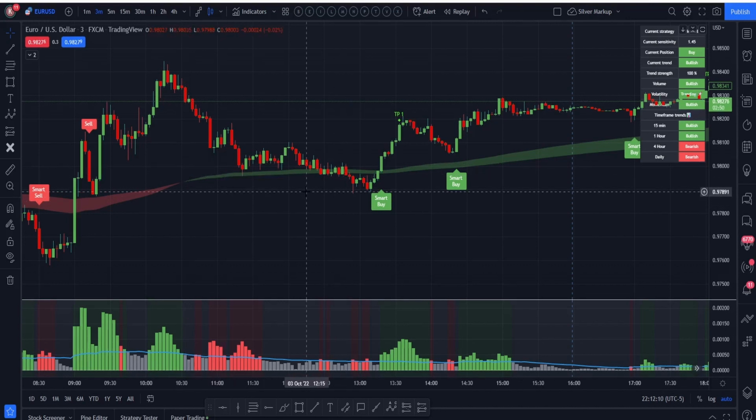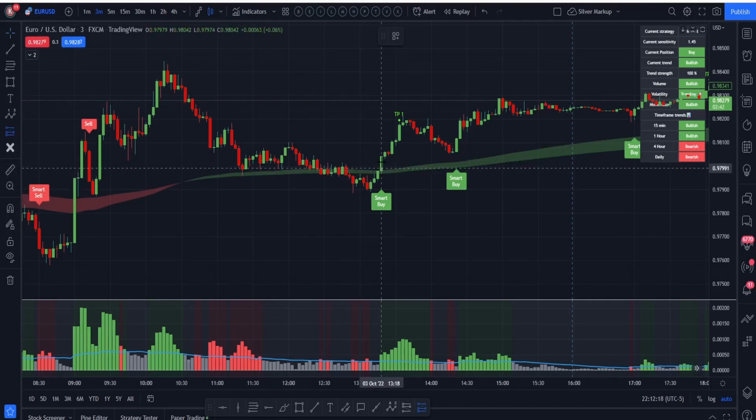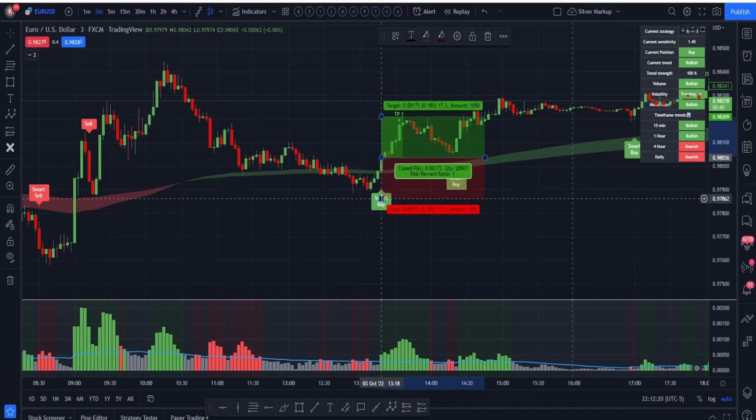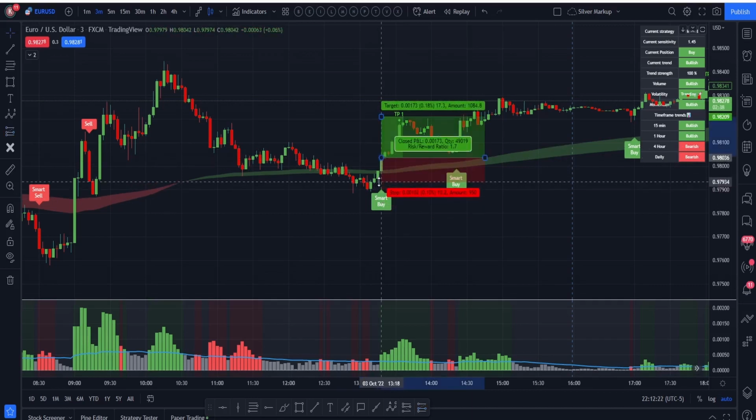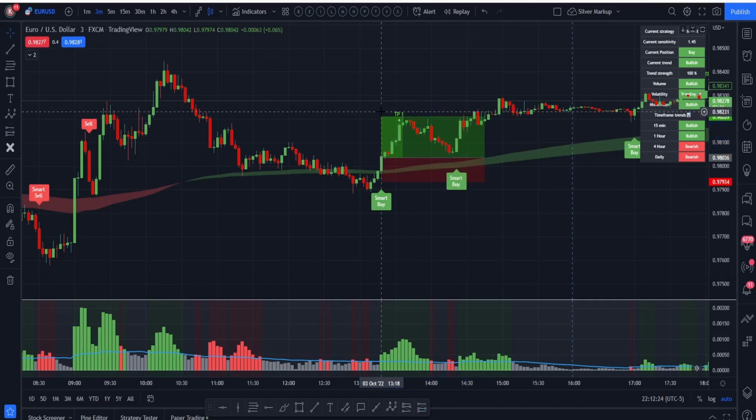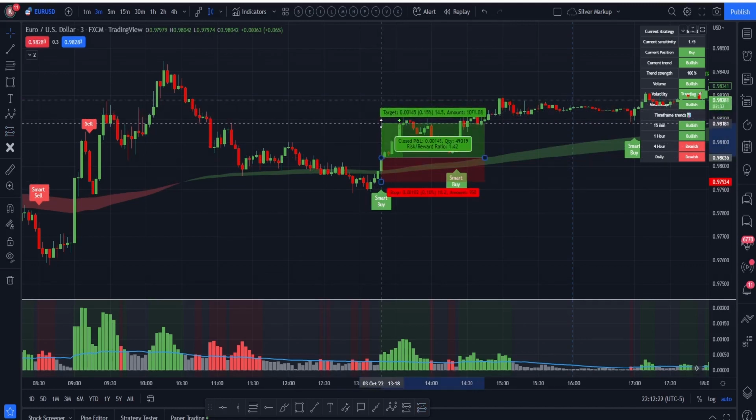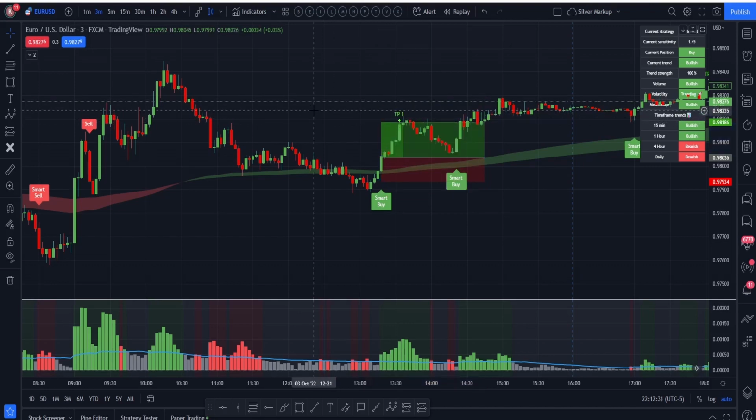So for example, on Euro USD, I would do something like a 10 pip stop loss and a 15 pip take profit. 15 pips, it would be right there. And with that type of setup, I would only have to be maybe 45% accurate to be profitable.